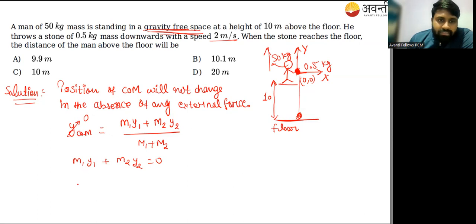So m1 is 50 for the man, y1 is, let's say, y, plus m2 is 0.5 and y2 will be 10, because it is not going beyond the floor. So the floor is at 10 meters. This will be minus 10 because it is going downward. Equals 0. So 50y is equal to what? This will also become 50.